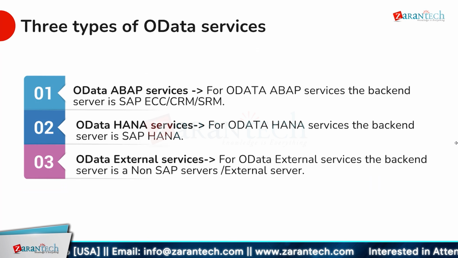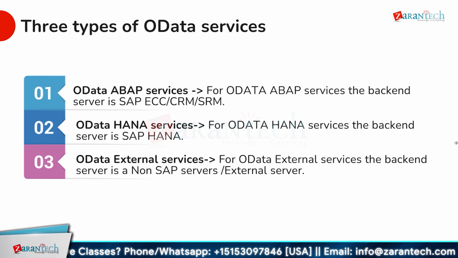Let us wrap up by exploring the three types of OData services you will encounter in the SAP world. First, OData ABAP services. These are your classic SAP workhorses connected to systems like ECC, CRM, or SRM. Think of them as the traditional backbone of your SAP landscape. Second, OData HANA services.